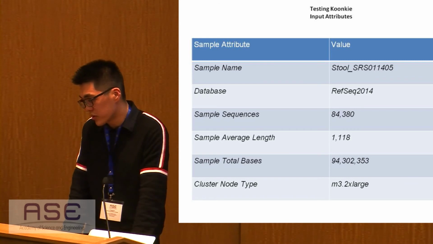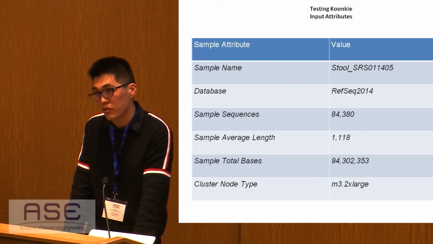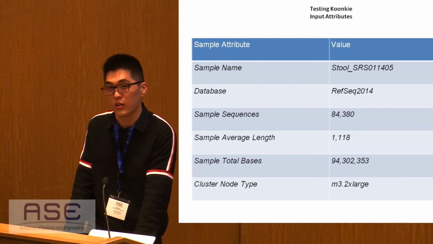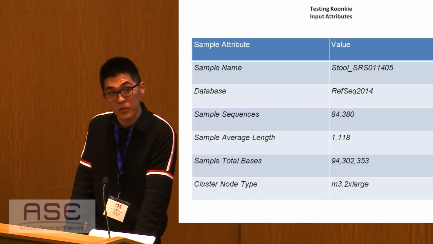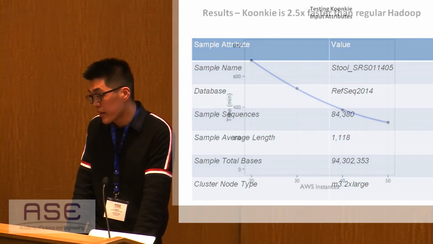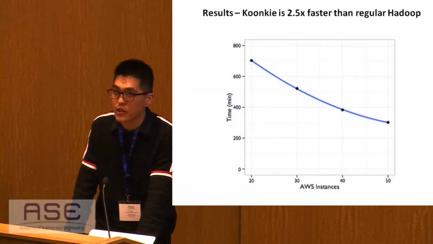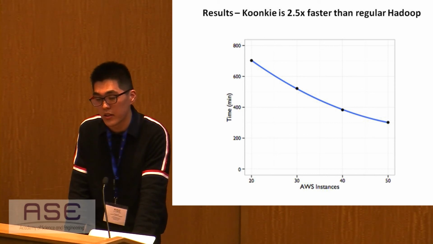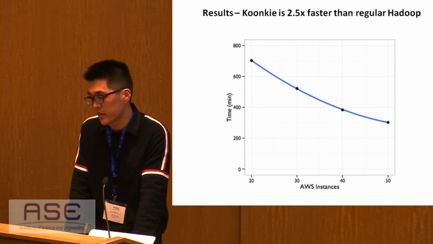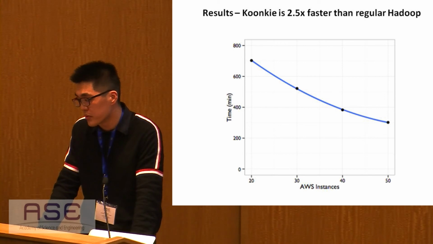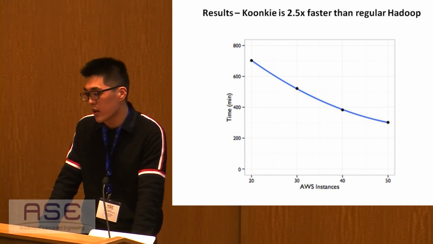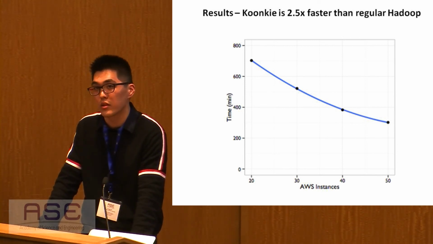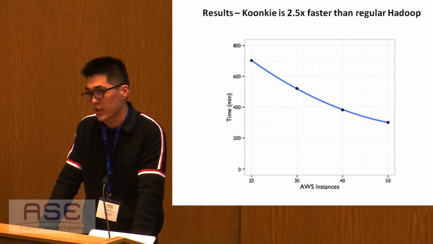We used M3.2xlarge instances for our cluster, and these are the statistics for our stool sample. In the end, we saw a fairly linear decrease in time with an increase in the number of nodes in the cluster, which is to be expected. But we ran normal Hadoop with the same database and the same sample, and that actually took 14 hours and 23 minutes, while Koonkie took roughly 6 hours.